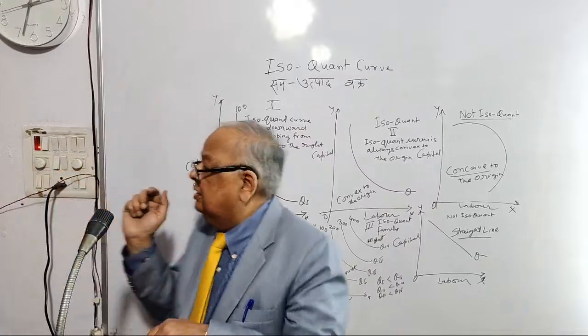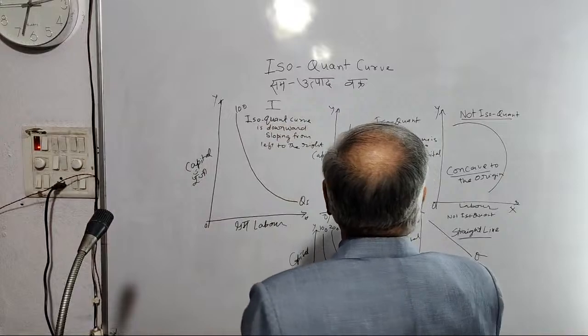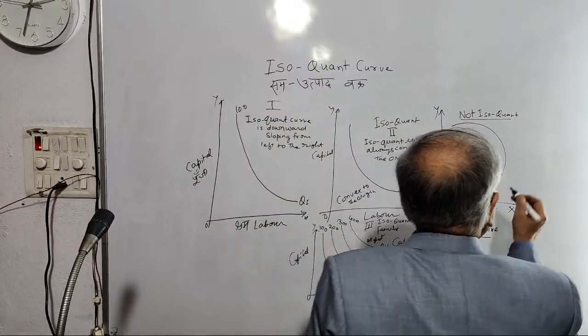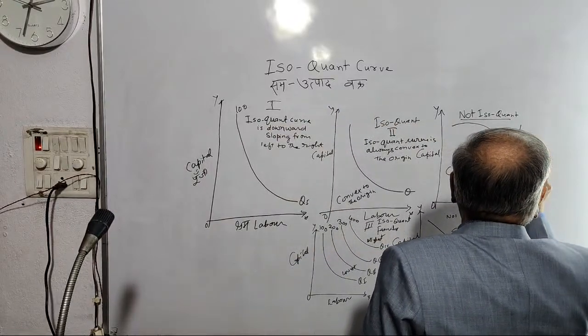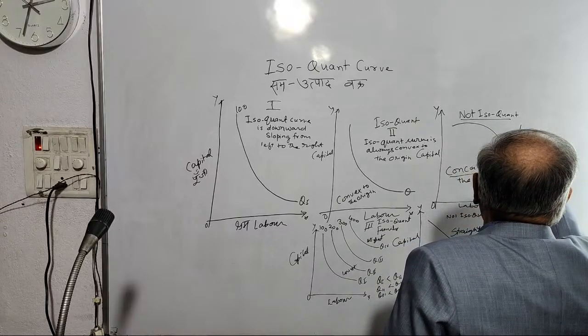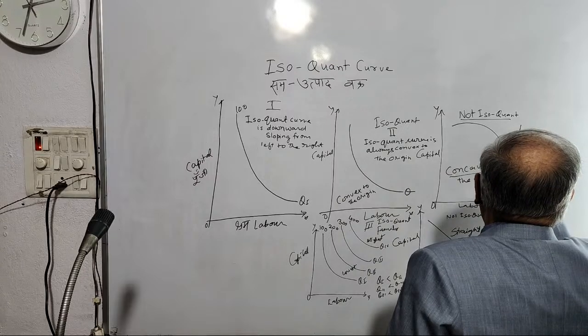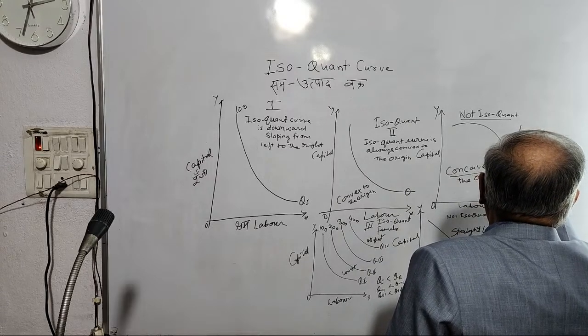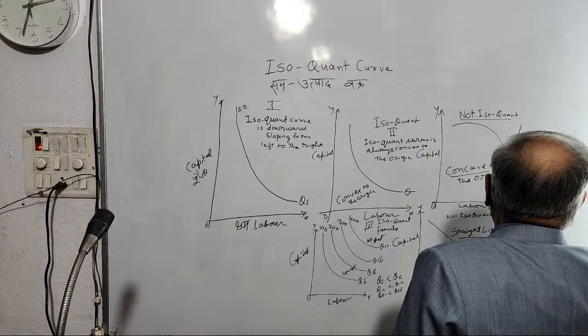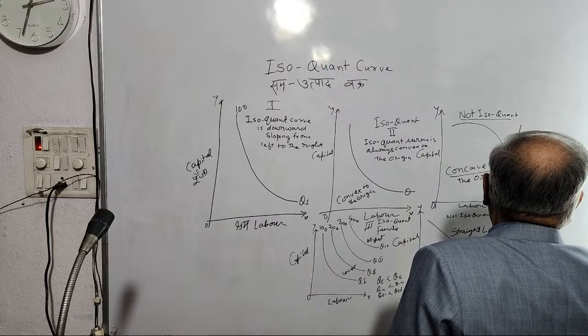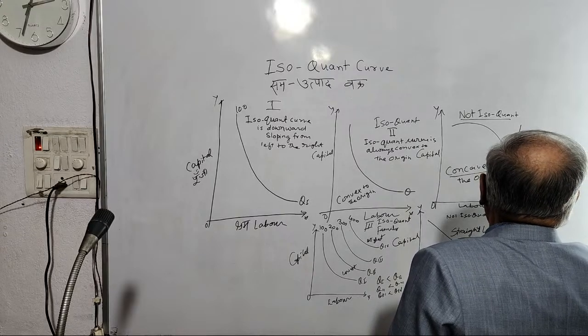Two factors are there, so this will be like this. This is price of labor by price of capital. This is labor and this is capital.